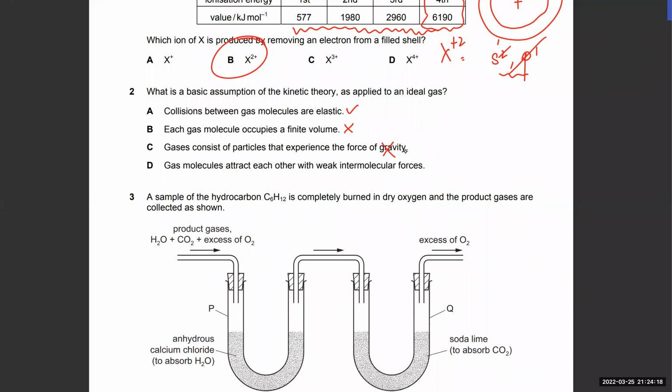Gas molecules attract each other with weak intermolecular forces. What is the basic assumption of kinetic theory? Let me just go through ideal gases. There are two main assumptions. One is that they have negligible intermolecular forces.